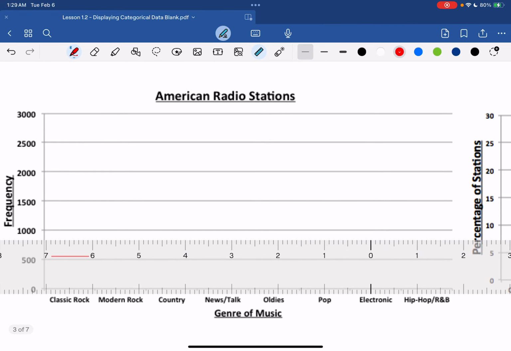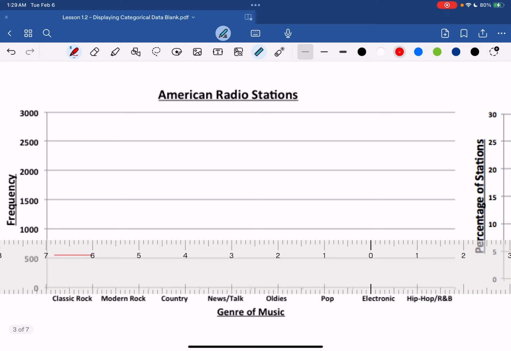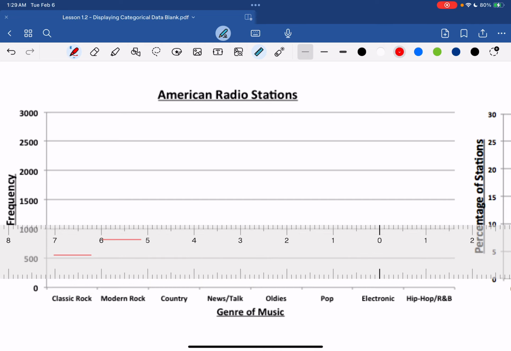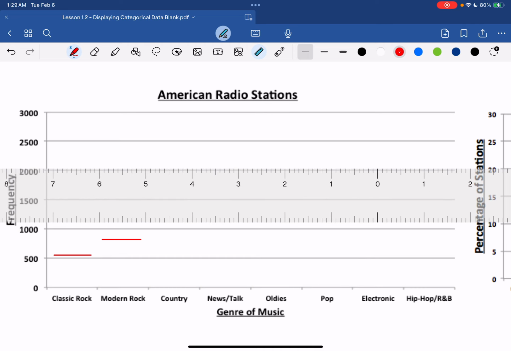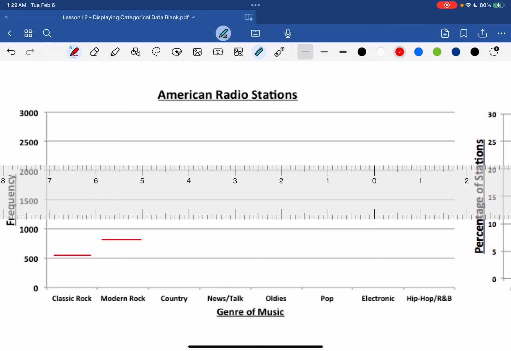Sorry, my palm recognition is not recognizing. There we go. For modern rock. And then we have 2066 for country.